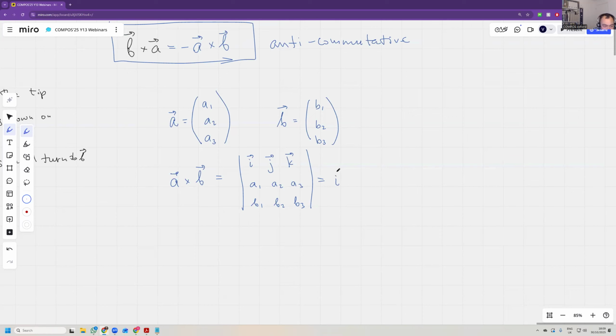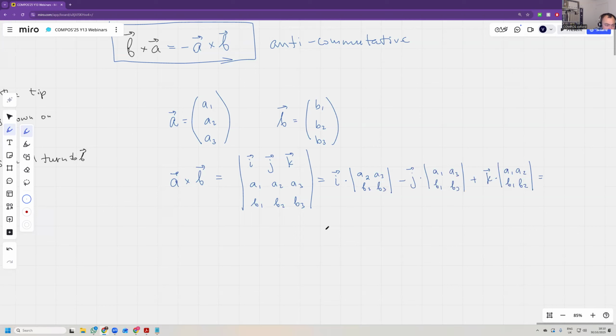It's equal to the vector I multiplied by the determinant of A2, A3, B2, B3, minus J multiplied by the determinant of A1, A3, B1, B3, plus K multiplied by the determinant of A1, A2, B1, B2.